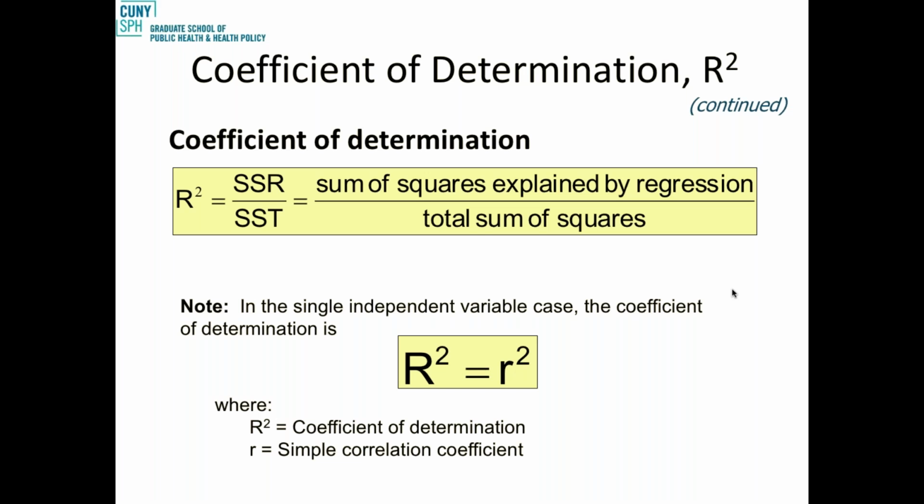In other words, that 0.64, the r squared, tells us that 64% of the variability in blood sugar is caused by age. That's a lot. That means only 36% is caused by other factors.